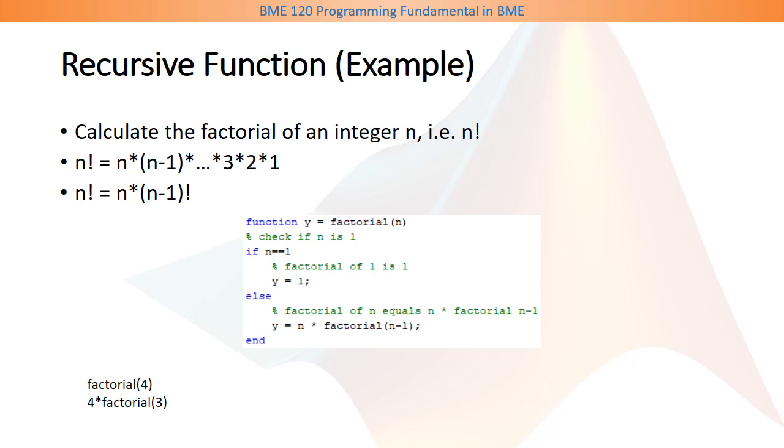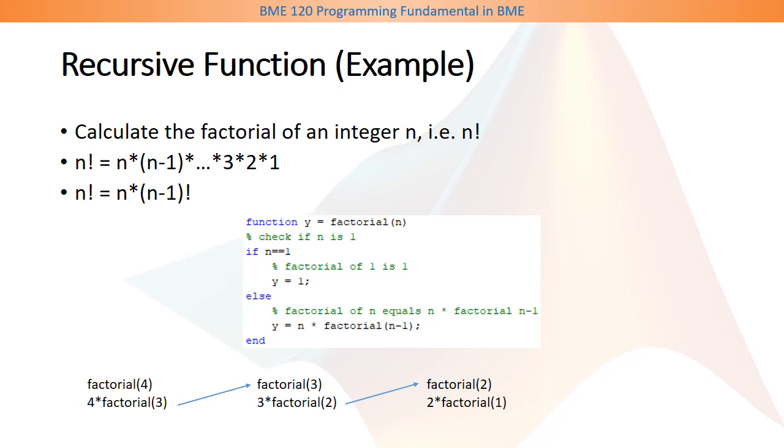Since 4 is not 1, it will break it down to 4 times factorial of 3, and then call itself with the new value of 3. Further, factorial 3 will break down to 3 times factorial 2, and call itself again with the new value of 2.